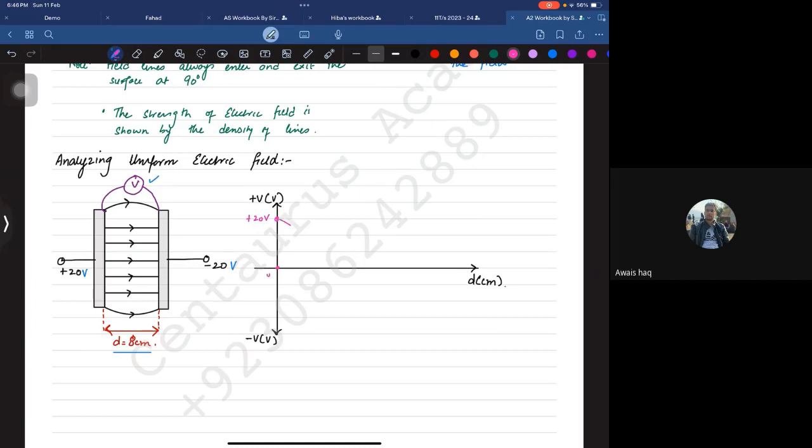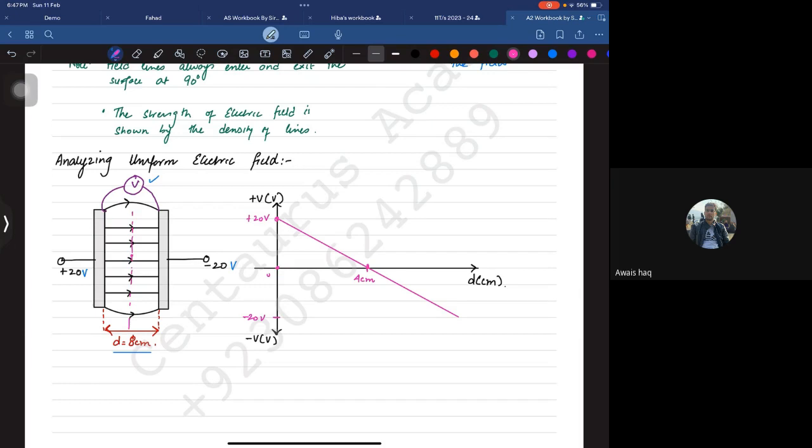And then it would show you a straight line, and this straight line will go till minus 20 because you reach the other plate, and exactly in the middle you will have 4 centimeters, because right in the middle here you have no potential because it goes from positive, decreases to 0, and then to the negative value. So you guys need to understand that.